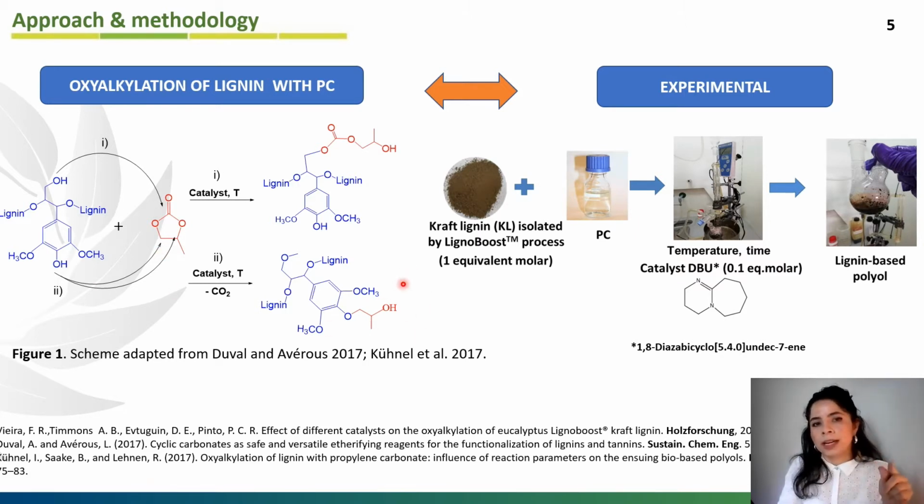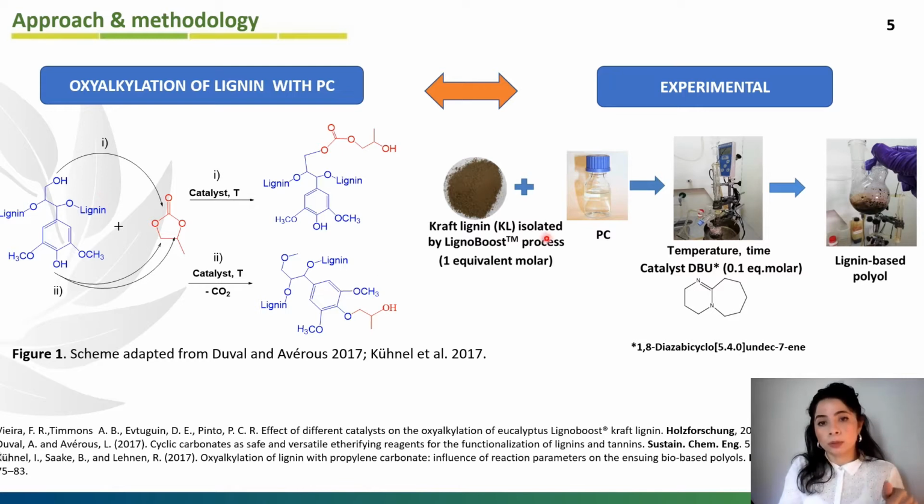In the literature, there are few studies discussing the oxyalkylation of lignin with cyclic carbonates, and especially discussing the effect of process variables on the quality parameters of this lignin-based polyol. In fact, those works discussed more the effect of process variables on the chemical modification and the efficiency of conversion, and not the quality of this polyol, namely hydroxyl number and viscosity.